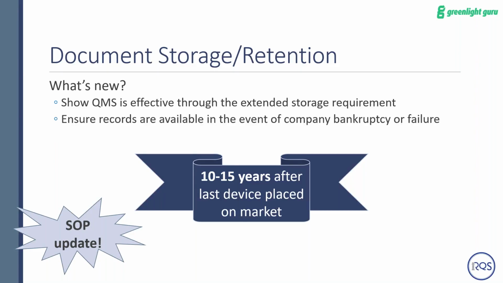You need to have that defined in your quality system to make sure that, worst case scenario, you place some devices on the market and it didn't get the response that you were hoping for, not as much buy-in, you still have to maintain these records for potentially 15 years after you've ended the company. So there should be a plan in place for that as well. I'm not exactly sure how they're going to enforce that, but it is something to document.